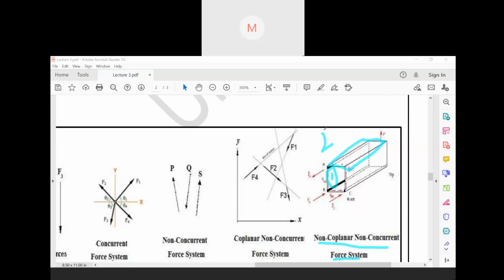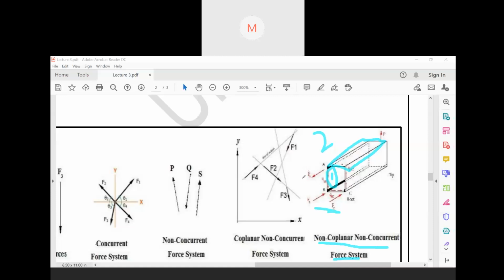Yes or no? So if you can see, these are the two different planes. If these are the two planes, that means from this plane, plane number 1, you see F1, F2, F3, and F4.